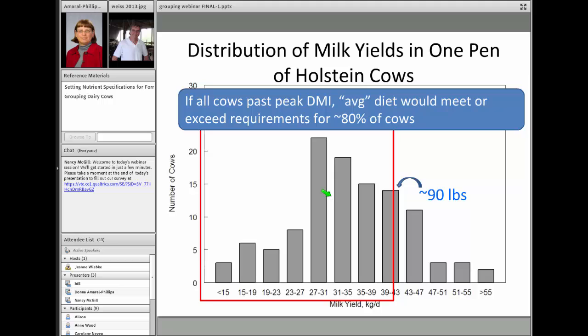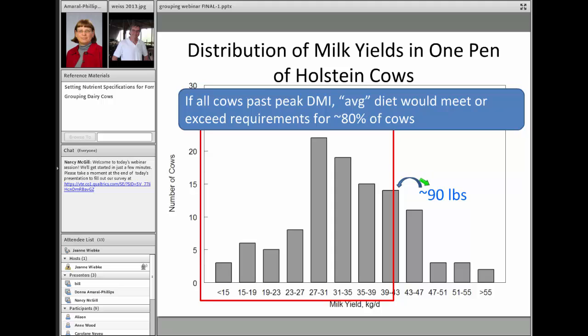And really, if this is a normal distribution, a bell-shaped curve, if I feed for the average cow, I'm actually providing enough nutrients for about 80% of the cows in that pen. So that's the red box. These cows are going to be fed adequate or excess.